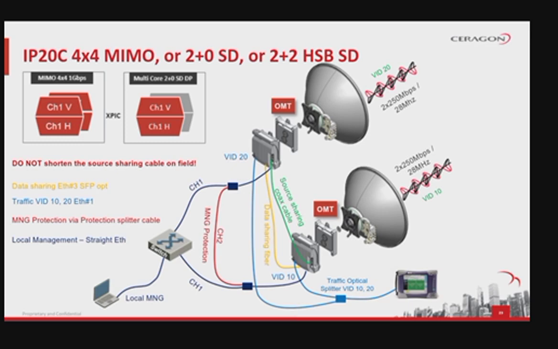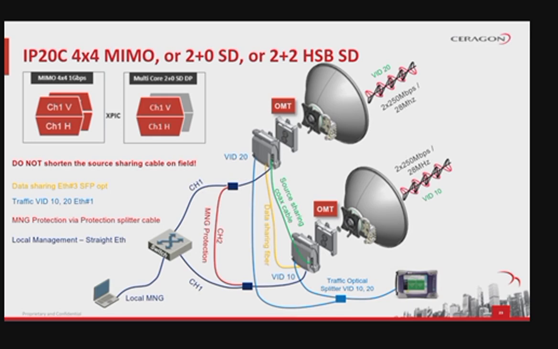If the active IP20C detects a radio failure in either of its cores, it initiates a switch over to the standby IP20C. The 2+2 space diversity provides equipment protection, as well as signal protection. If one unit goes out of service, the other unit takes over and maintains the link until the failed unit is restored to service and space diversity operation resumes.